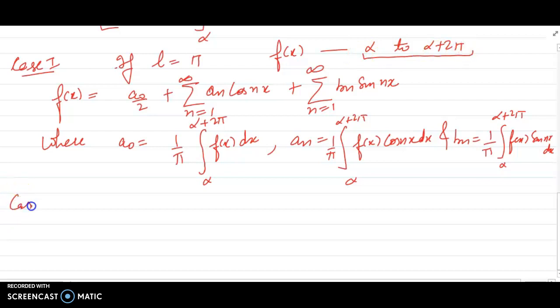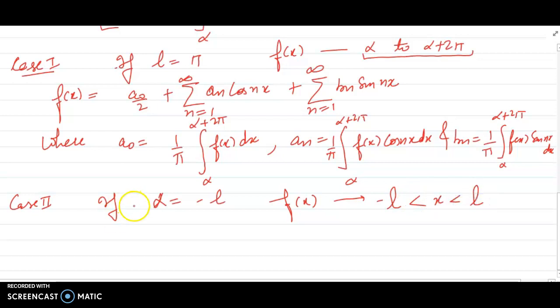Similarly, if we take alpha as minus l, what will happen to the function? f of x will be defined in the interval minus l to l, since minus l plus 2l gives l. What will be the Fourier series?